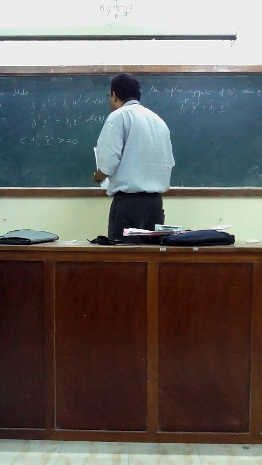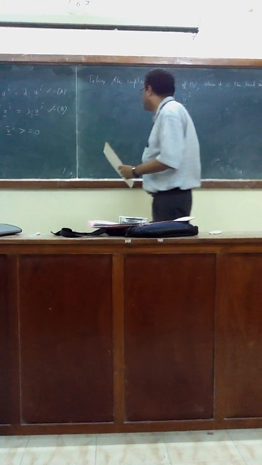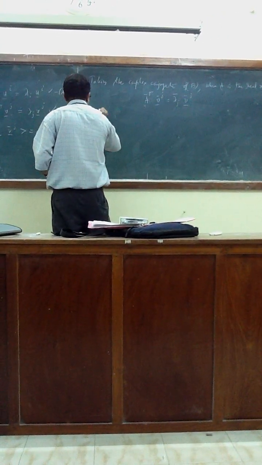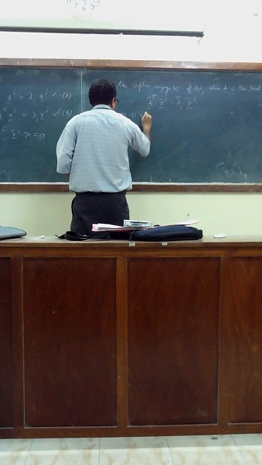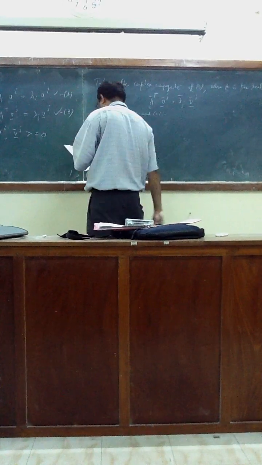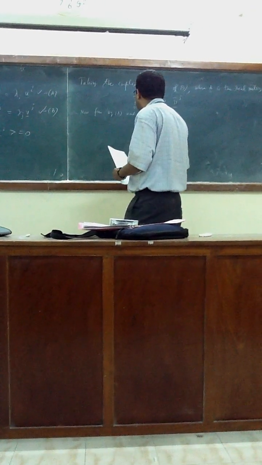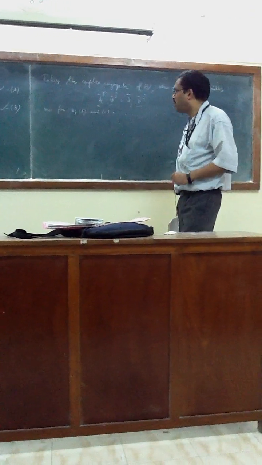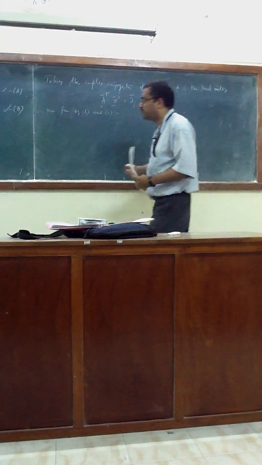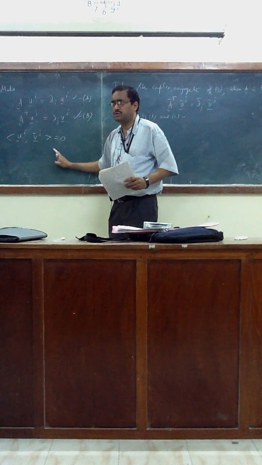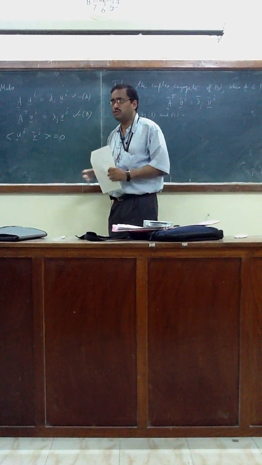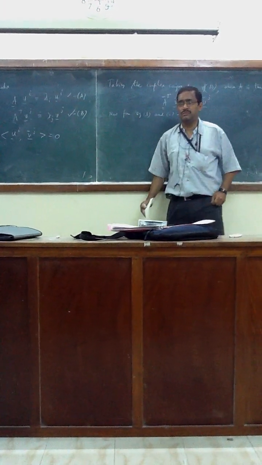Now, from equation A and equation C, what do you get? Now it is your part. What do you want to derive? You want to prove the inner product of Ui and Vj bar equals 0, right? So how do we start the actual theorem?